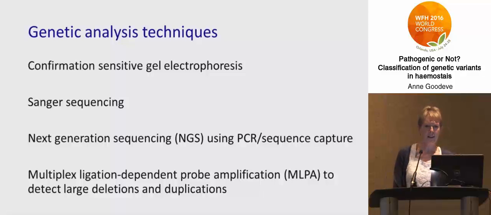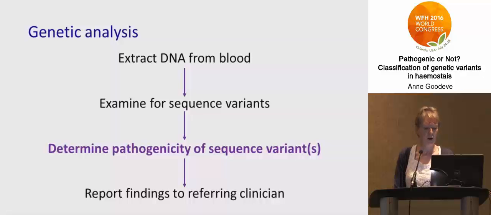PCR and Sanger sequencing is still routinely used in many laboratories, but others are changing over to next-generation sequencing, which can either use polymerase chain reaction to amplify the regions of interest, or use sequence capture through hybridization to identify the regions of interest before sequencing. And as Barbara mentioned, we can use multiplex ligation-dependent probe amplification for large deletions or duplications in at least some of our genes of interest.